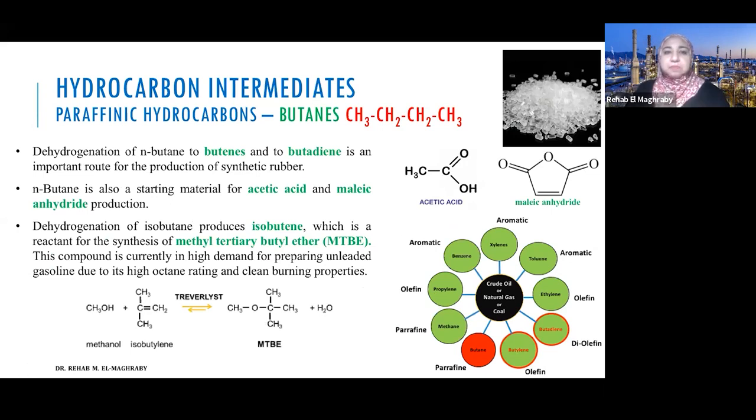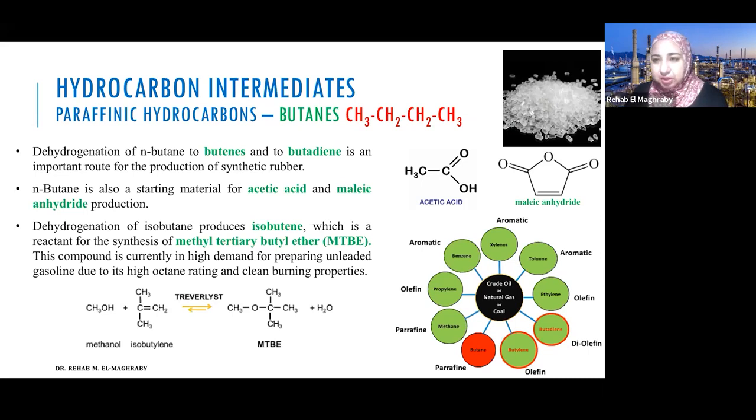Butane can be converted to butene or butadiene. It can also be converted to isobutene. Isobutene is one of the important materials to produce methyl tertiary butyl ether, a material that can be mixed with gasoline to increase the octane number.